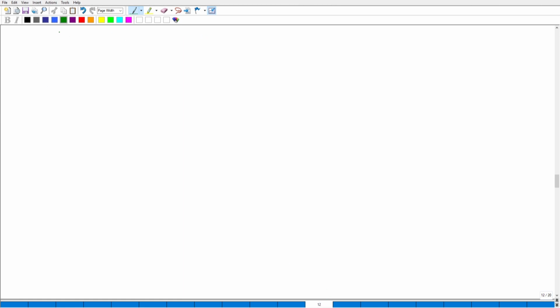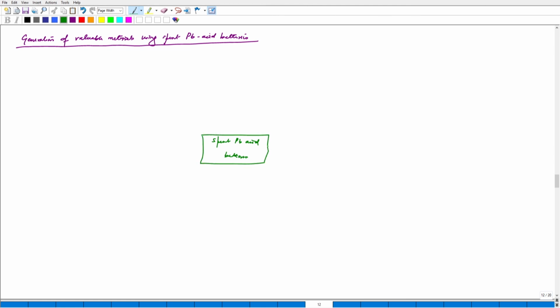Now we are going to look at some of the most common products that we will be getting from lead acid batteries. So we'll write: generation of valuable materials using spent lead acid batteries. Suppose we go for pyrometallurgy, we usually will be getting metallic lead.